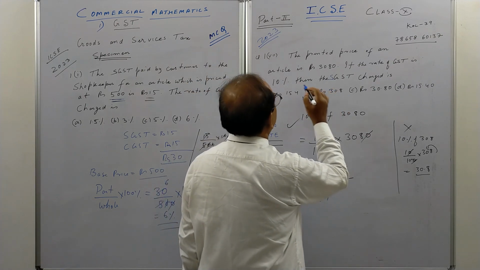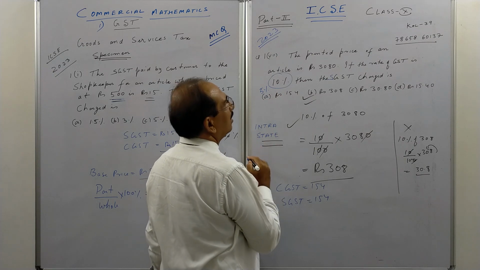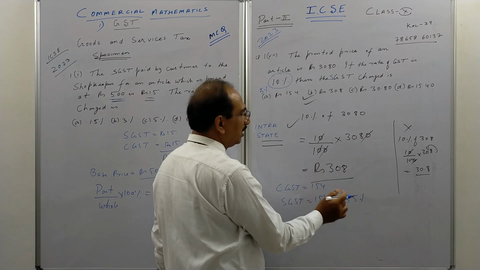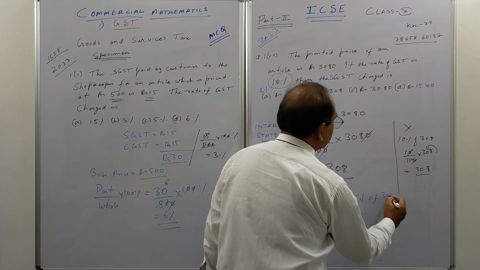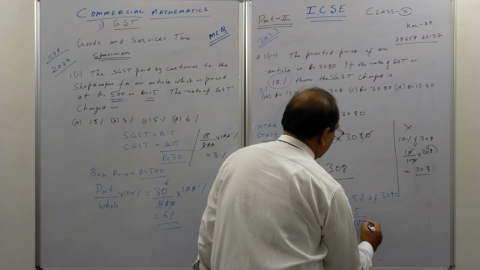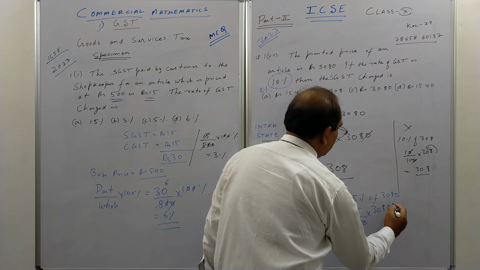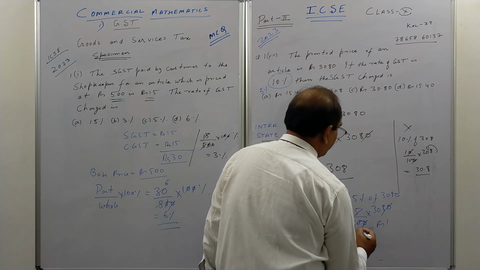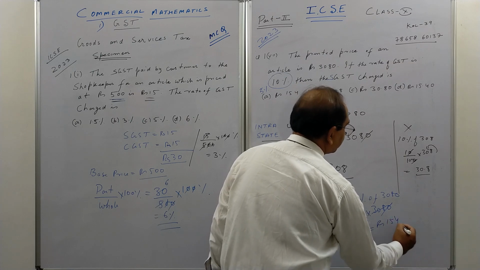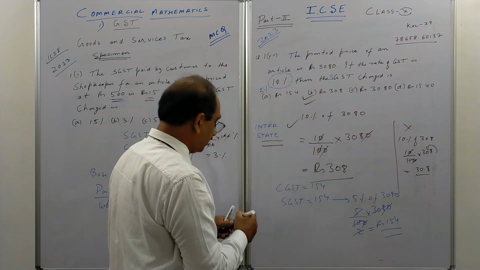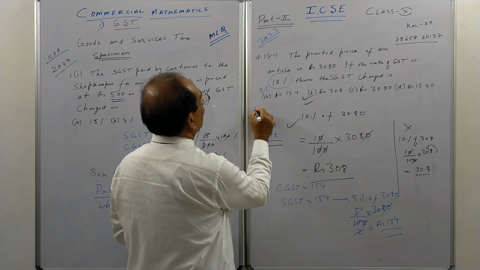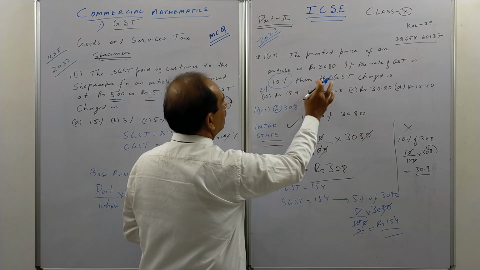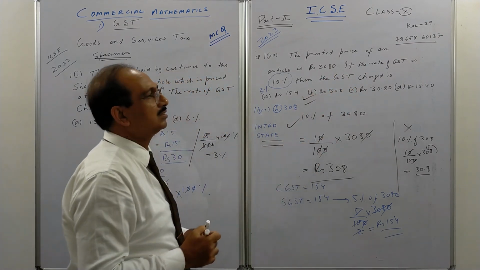In that situation you can make it 5%. The state government will get 5% of 3080, which is 5 by 100 into 3080, the 0 cancels, and when you solve you will get rupees 154. So this answer can also be correct. Your correct option is 1 part 7 B, 308, because this was the GST charged.